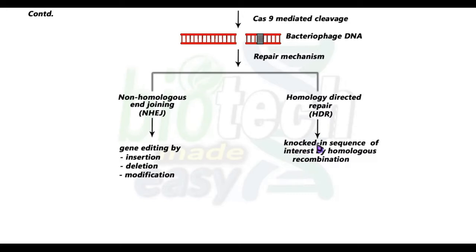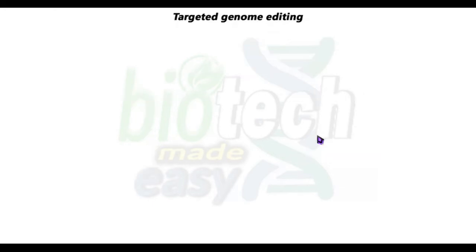It leads to a knocked in sequence of interest. For targeted gene editing, meaning when we use this technology for our own benefit, or say using it in one of its applications, the double-stranded breaks are repaired by the second pathway, that is HDR. So we always prefer the HDR pathway when we are doing targeted genomics.